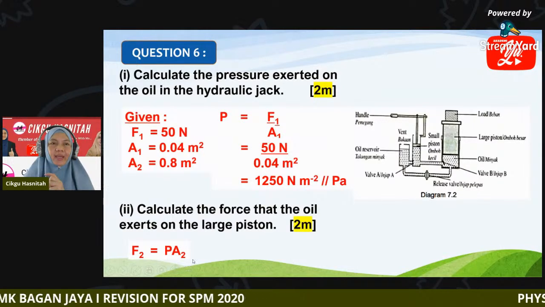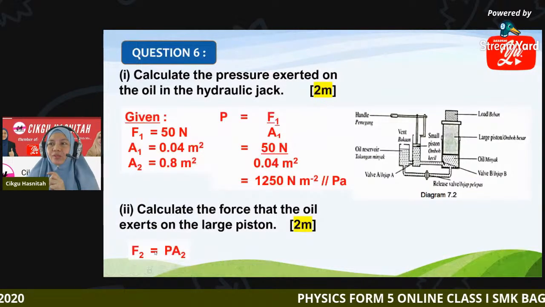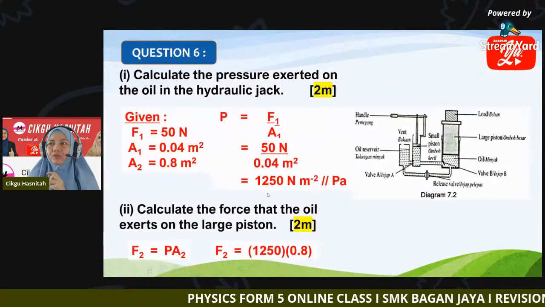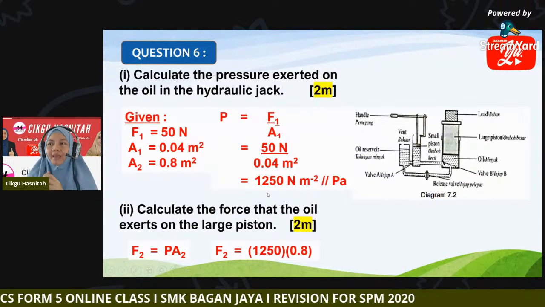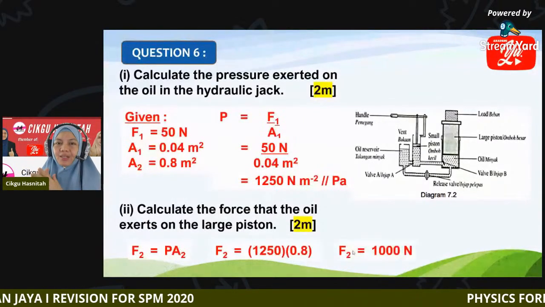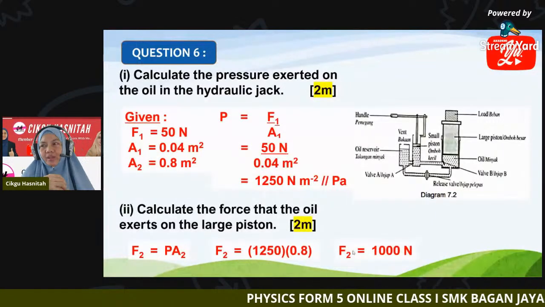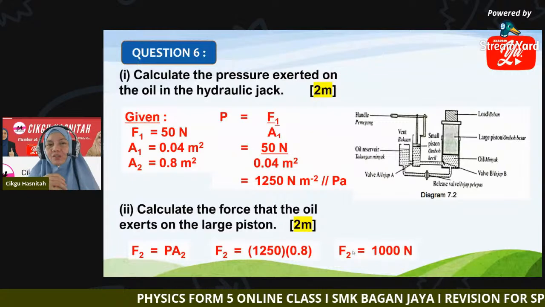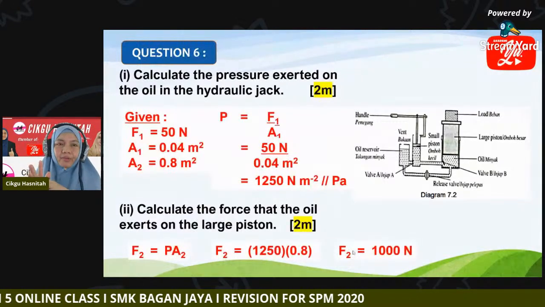We are finding F2. P is 1250, and the area of the large piston is 0.8. So the force produced, F2, is 1000 Newton. Do you remember one of the purposes of a hydraulic jack?